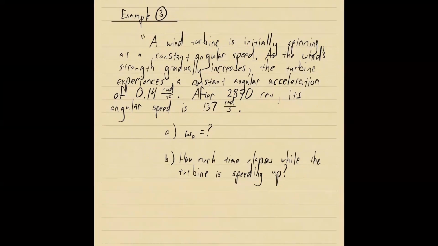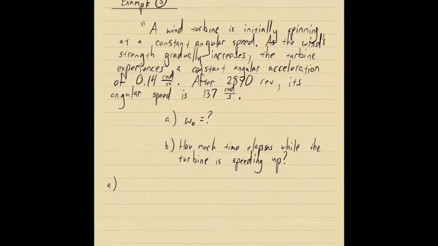So writing down what we know. We're looking at part A first, right? So we know that our angular acceleration is 0.14 radians per second squared. We know that the final angular velocity of our wind turbine is 137 radians per second.